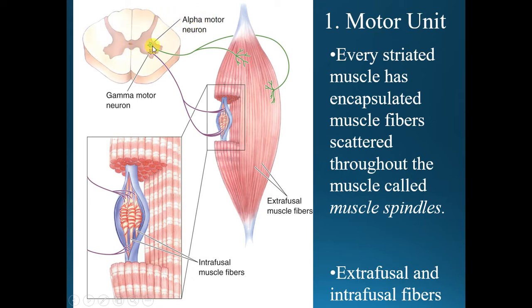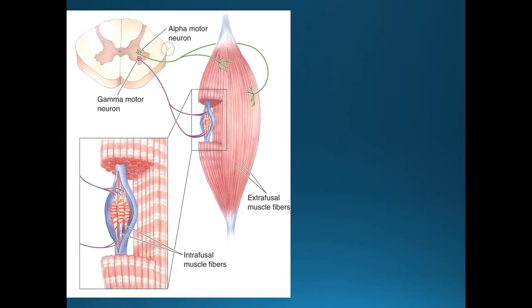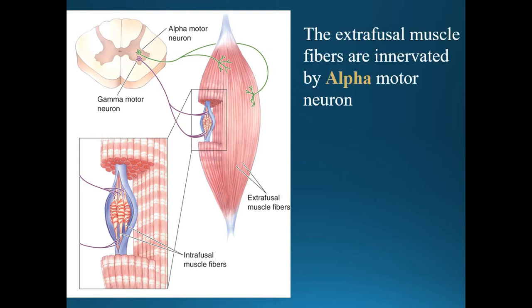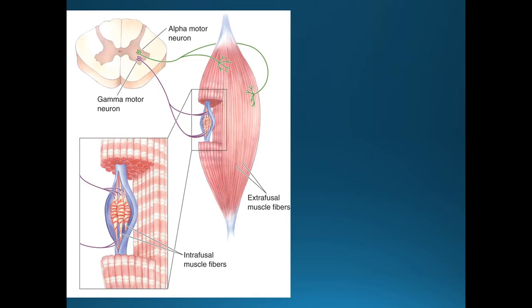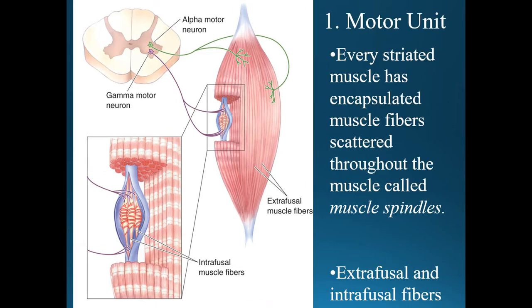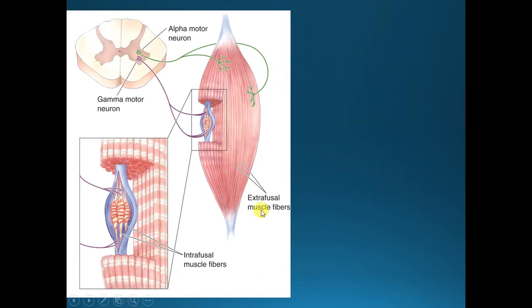Alpha motor neuron is connected with the ventral roots of the spinal cord, as shown in the figure.